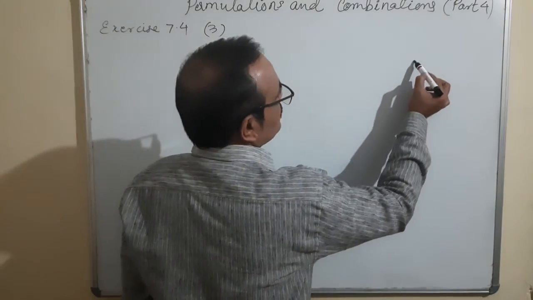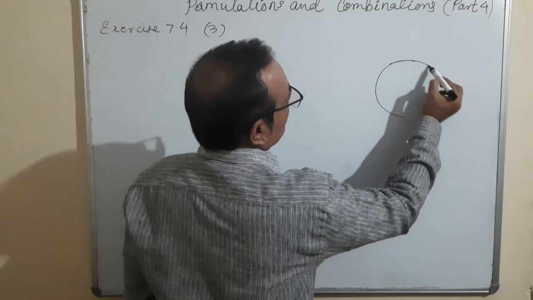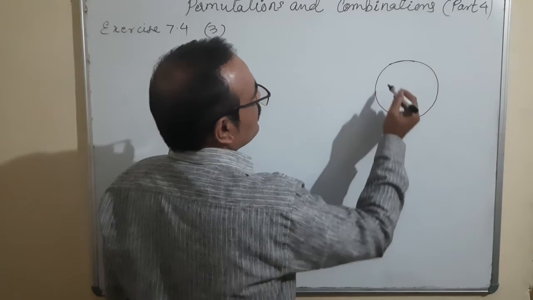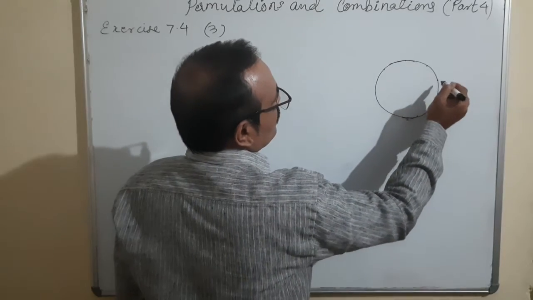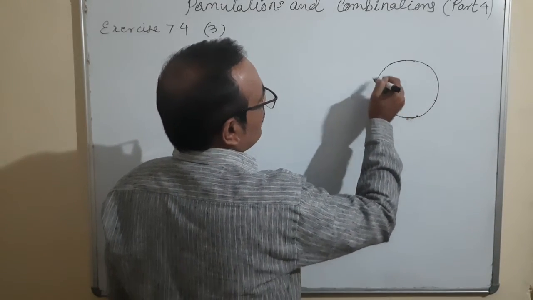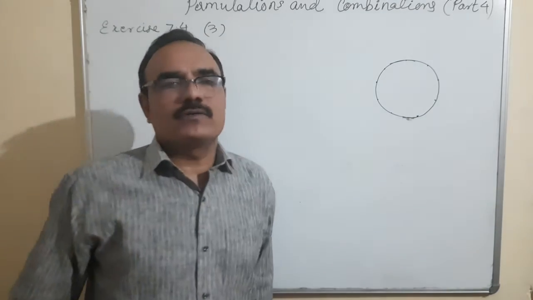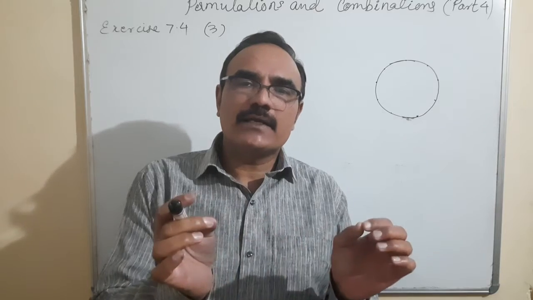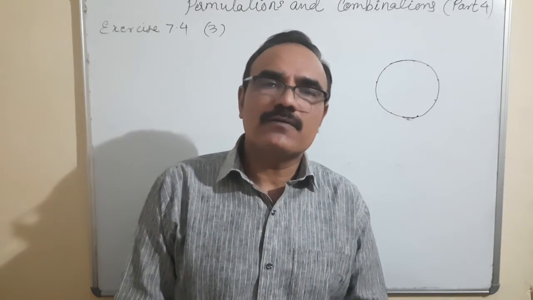You can see this is the situation. Total how many points on it? Total 21 points. How many chords can be drawn? Because you know that a chord can be drawn by joining any 2 points on the circumference of a circle.